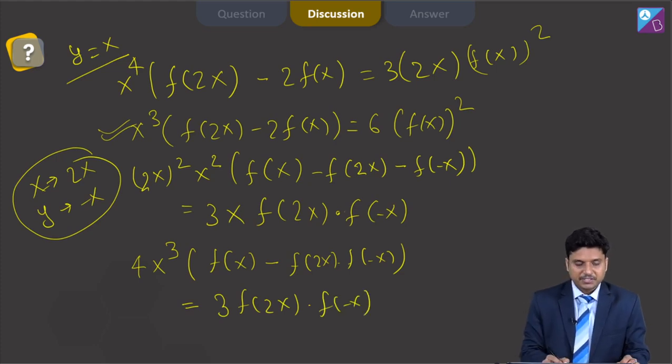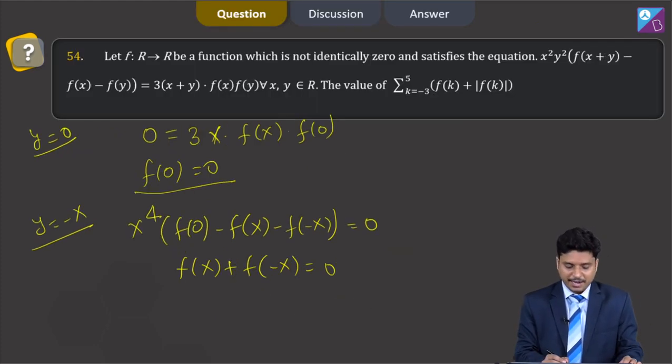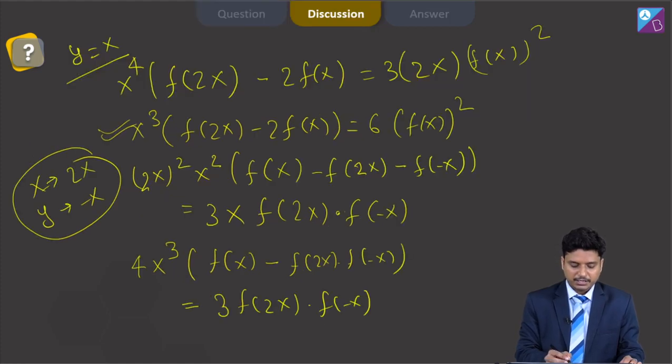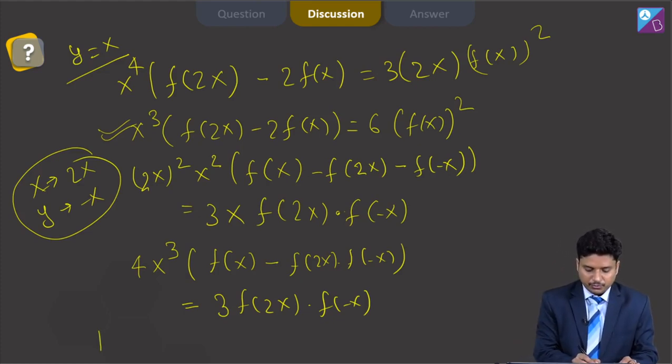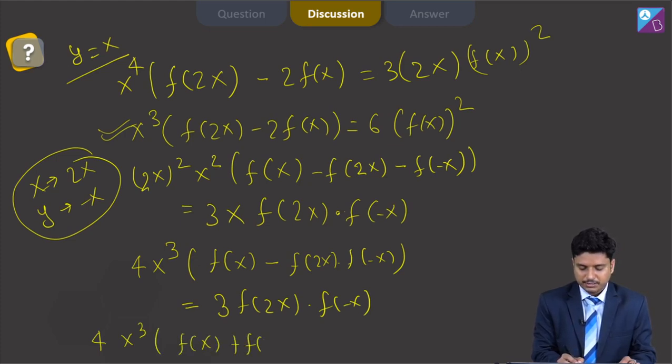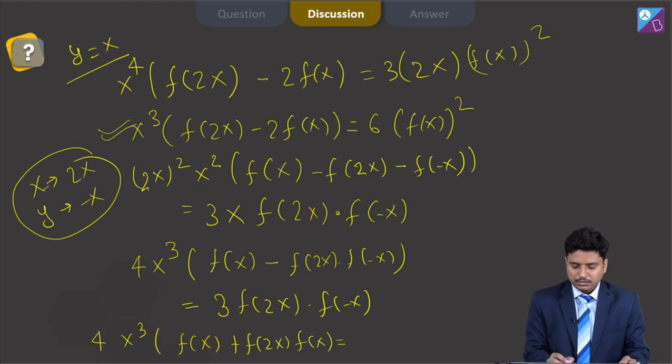So in the last expression, if we put f of minus x as minus f(x), as we have already got here, in this f(x) plus f of minus x was equal to 0, what we will be getting: 4 into x cube, here it will be f(x) plus f of 2x into f of x is equal to minus 3 into f of 2x into f of x. That is all what we will be getting.